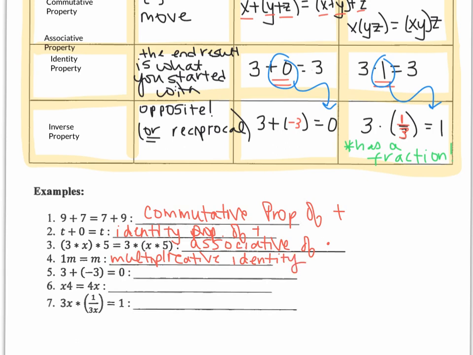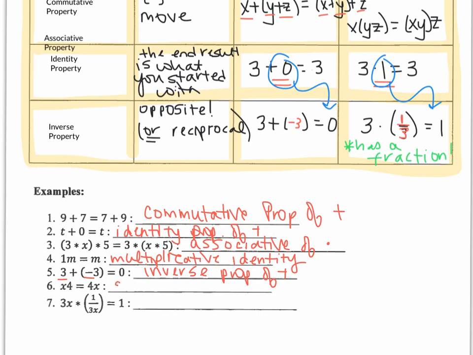Number 5, 3 plus negative 3 equals 0. Well, 3 and negative 3 are opposites, so that's the inverse property. And I can call this the additive inverse, or I can just say inverse property of addition, because there's plus signs. Number 6, x times 4 equals 4 times x. So what operation is hiding between x and 4? Multiplication. So it's x times 4 equals 4 times x. So notice those switch places.